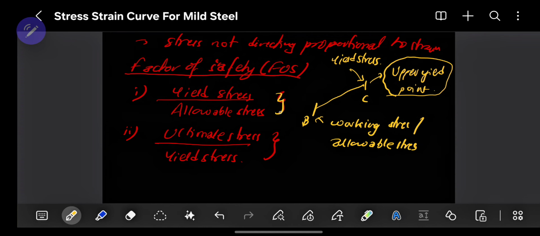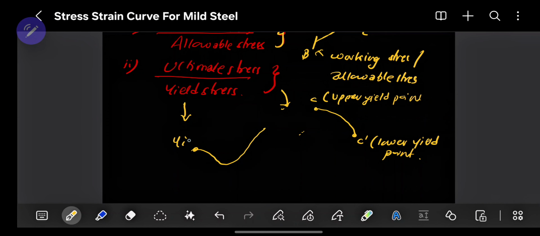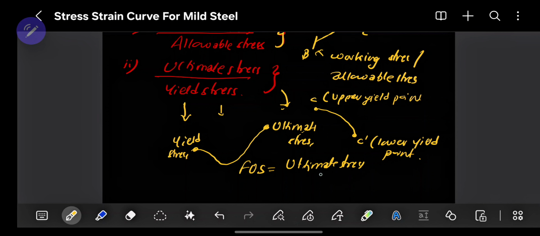So this factor of safety lies between the region B to C, and the second factor of safety lies between the region yield stress to ultimate stress. As in the formula we can see that factor of safety is ultimate stress by yield stress.